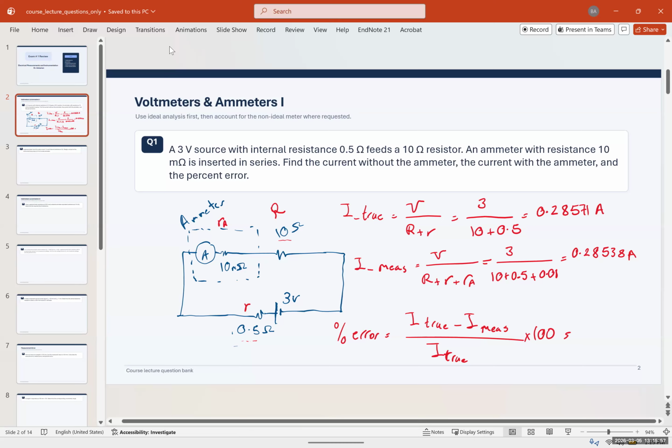And if we calculate that, it's going to be 0.28571 minus 0.28538 divided by 0.28571. I don't have enough space to write it down. Therefore, it's going to be 0.11%, or in other words, 0.1% error, if I want to round it.